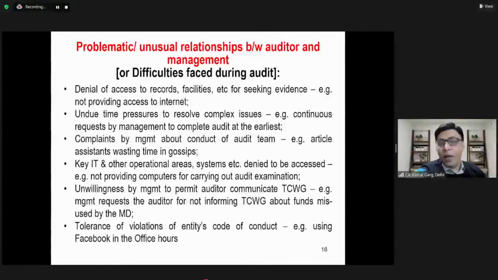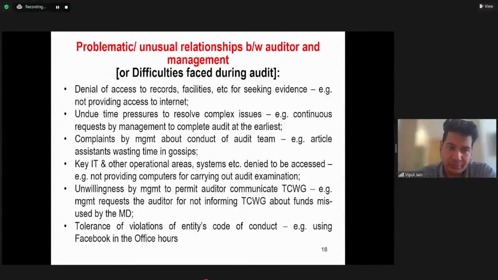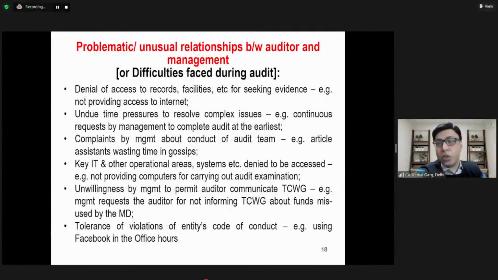Then is unwillingness by management to permit auditor to communicate with TCWG. So, for example, management means board of directors. TCWG means audit committee. TCWG stands for those charged with governance. So I'm giving example only, not the details. Management you can say as board of directors.